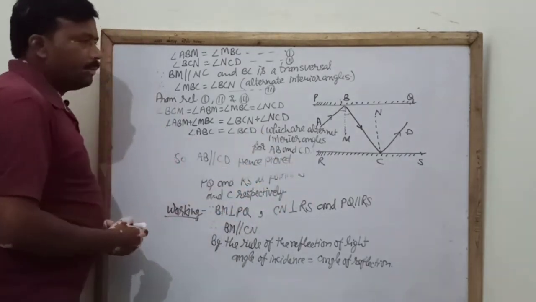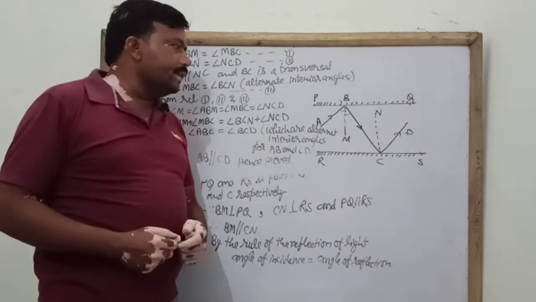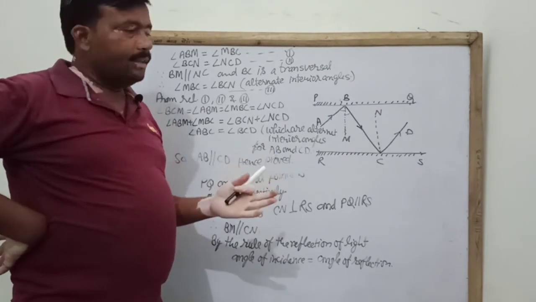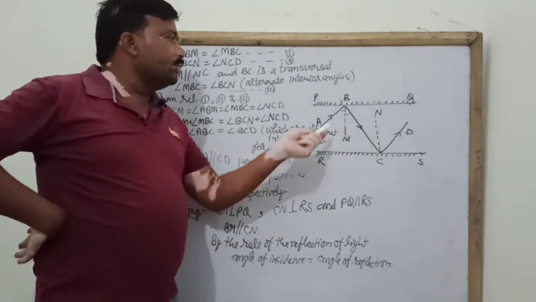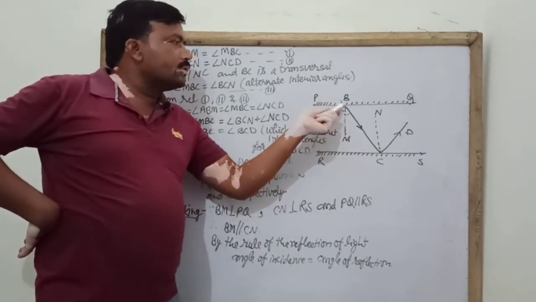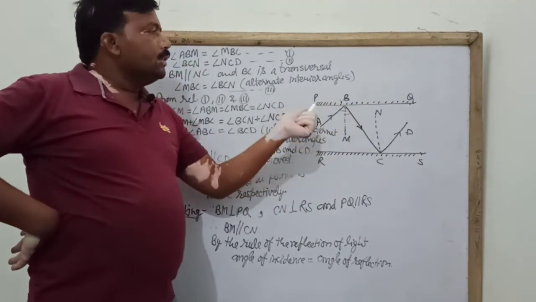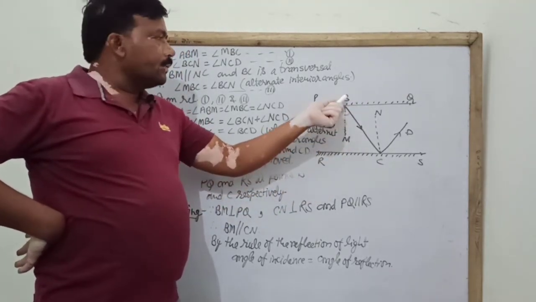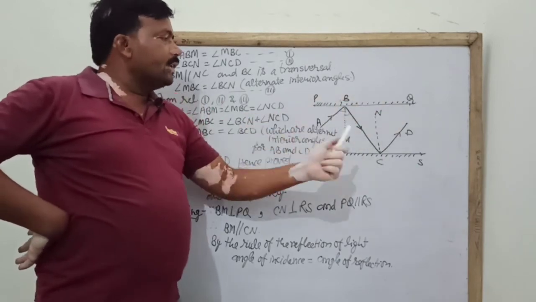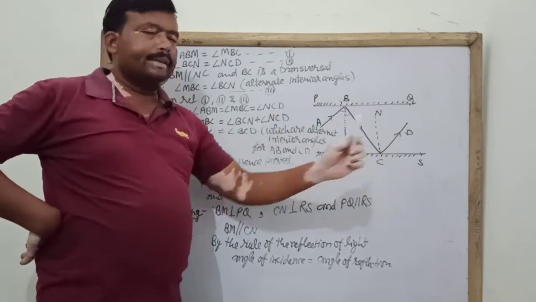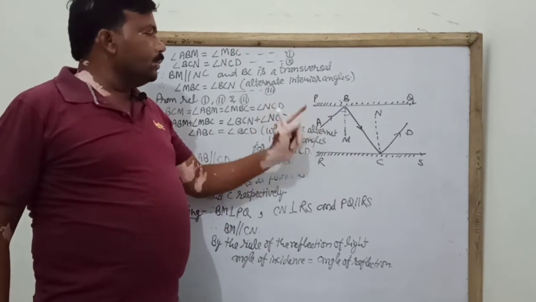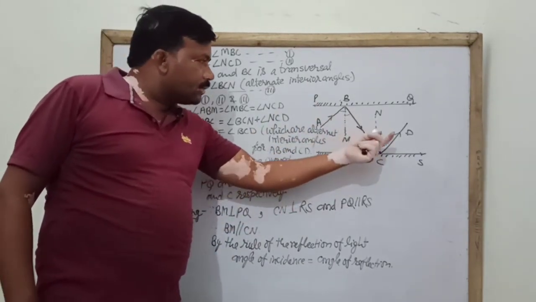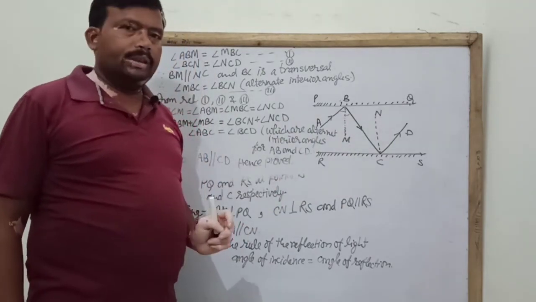This numerical is solved. So let us recall this numerical once again. First of all, we have to draw two normals to the mirrors, first one for mirror PQ and second one for mirror RS. Since these two mirrors are parallel, their normals will also be parallel to each other.